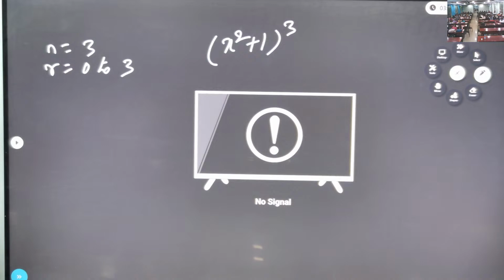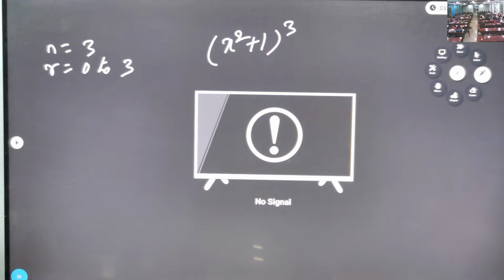Right. So first write the expression. What is the expression? 3c0 x square power 3, 1 power 0.